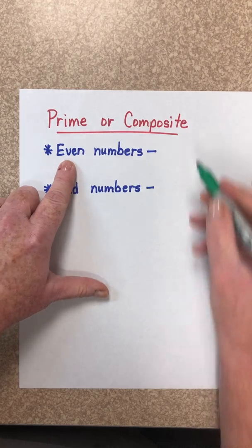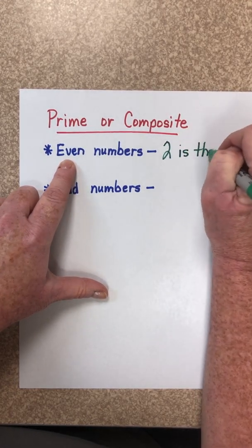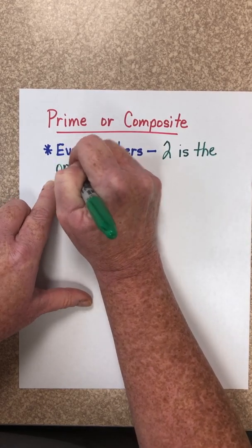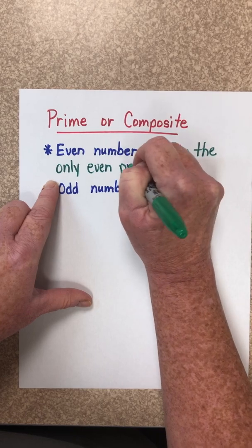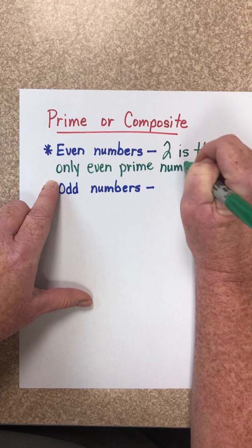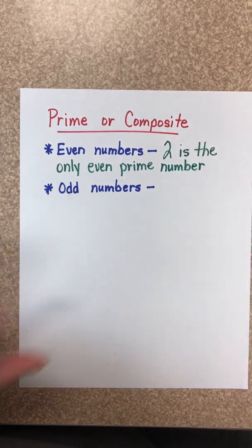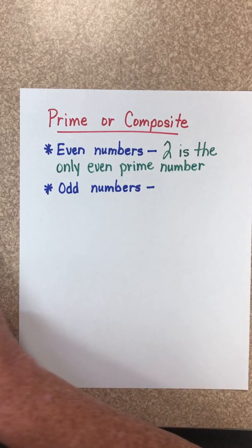So I'm going to write that down. 2 is the only even prime number. And that's because every other even number can be divided by 2, which means that it's going to have more than 2 factors.